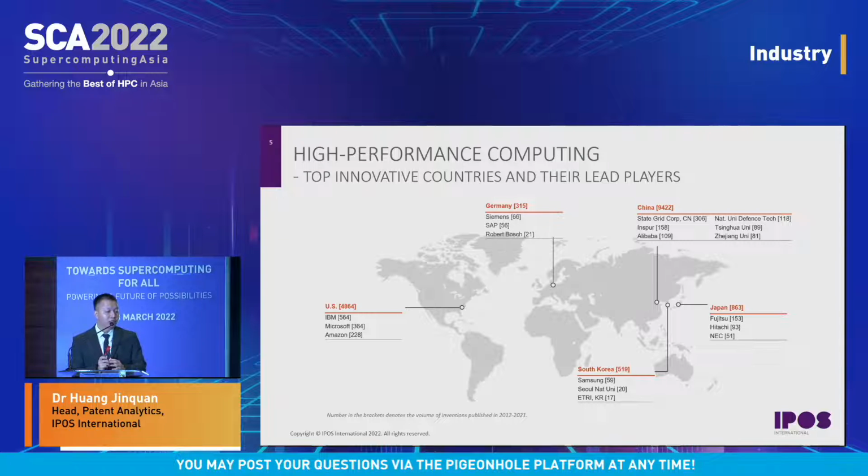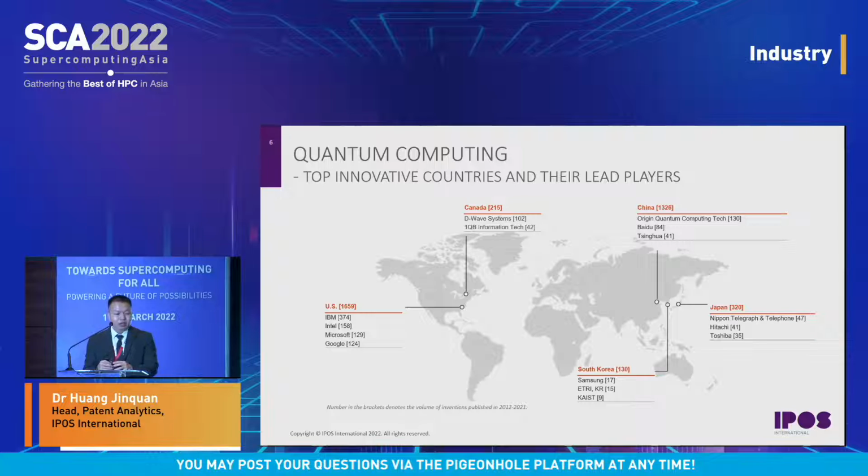And similarly, we can look at who are the top players, who are the top countries leading quantum computing research. Now we have a new player, actually a new country, Canada, led by top companies like D-Wave as well as 1QB. Okay. But if you look at the numbers in detail, you will see that the US is really in a much more advanced stage, and they have a significant edge over their competitors.